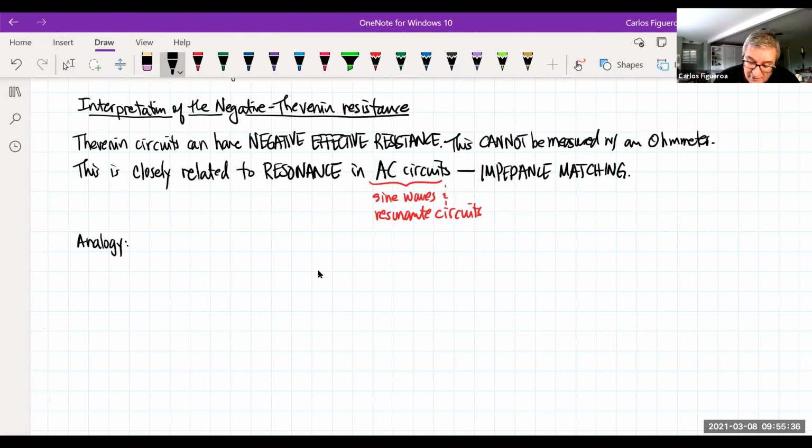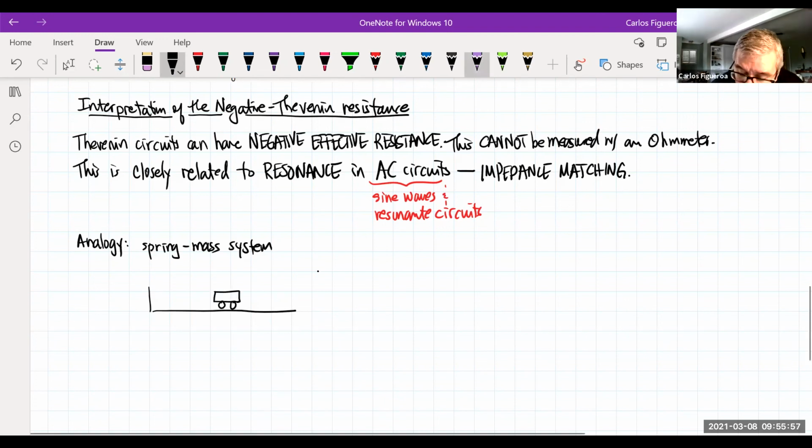And so here's what happens here. And the analogy here is that let's think about a spring mass system. Imagine that you have a cart, and this cart here is attached to 2 springs.